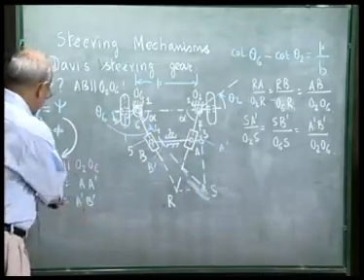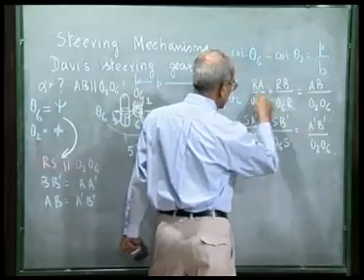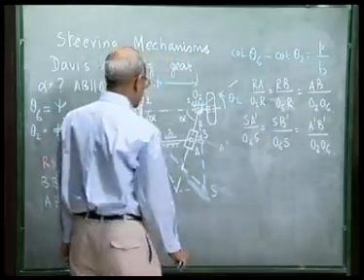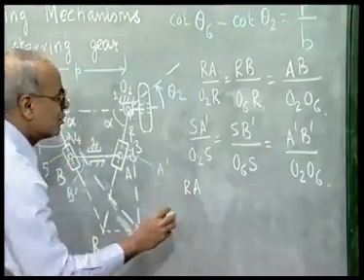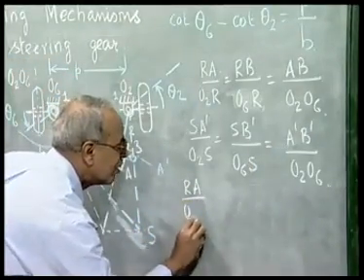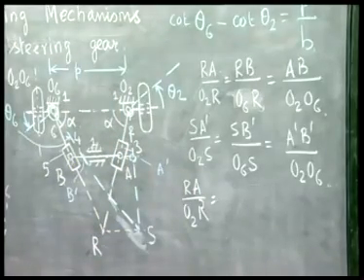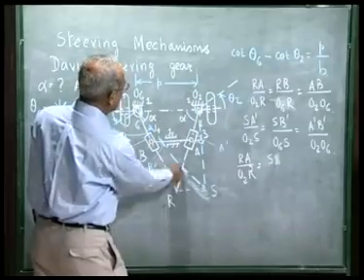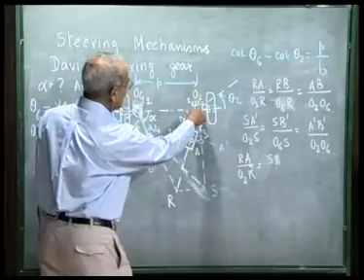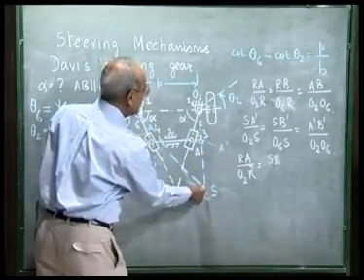Now, AB is the same as A prime B prime. So these are also the same. So we can write RA by O2R is the same as SA prime by O2S.